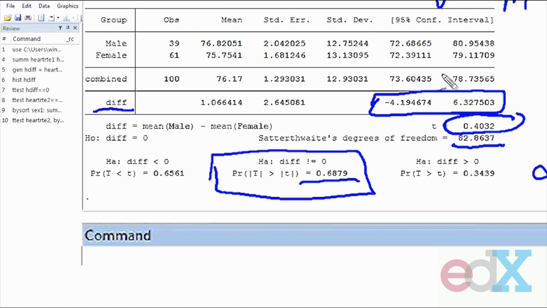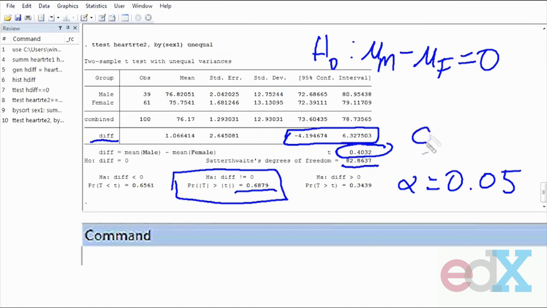So that interval includes the number 0. And so if we were only given this 95% confidence interval, then we would know that at the alpha equals 0.05 level, this hypothesis test would fail to reject, because that interval includes 0. So there's a one-to-one correspondence between this confidence interval and our decision to reject or accept the null hypothesis.